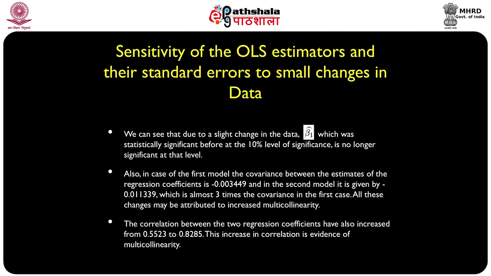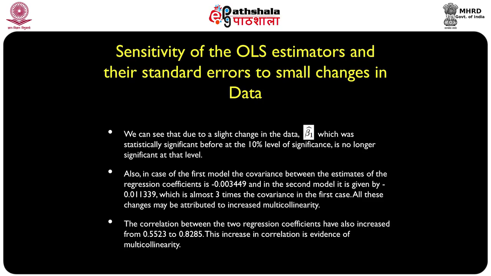We can see that due to a slight change in the data, beta 1 hat, which was statistically significant in the first dataset at the 10% level of significance, is no longer significant at that level. Also, in the first model, the covariance between the estimates of the regression coefficients is negative 0.003449, and in the second model, it is negative 0.011339, which is almost 3 times the covariance in the first case.